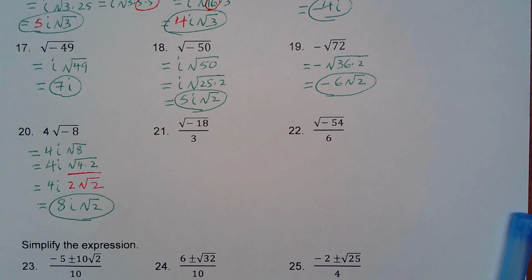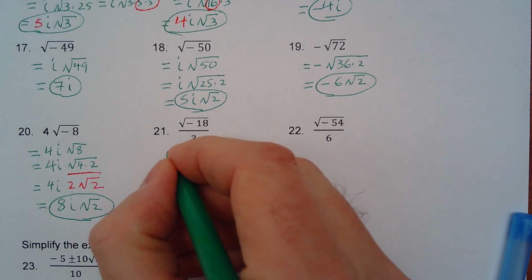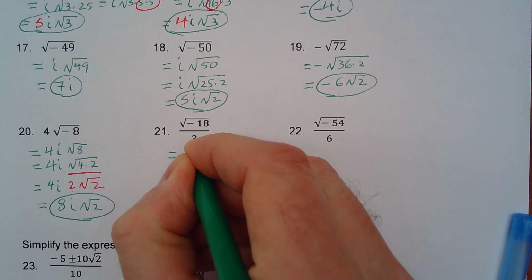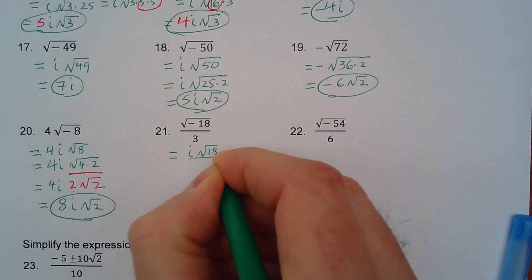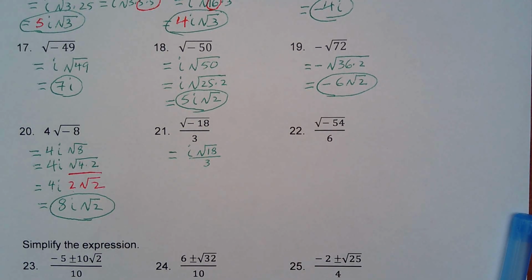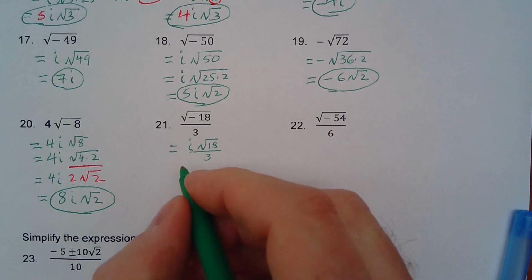Let's look at this next one. So again, I first write this in terms of i. Now 18, I want to write that as 9 times 2. I don't want to use 3 and 6 because neither of those are perfect squares.